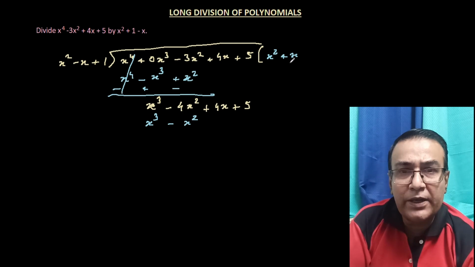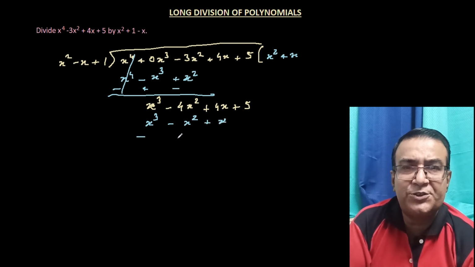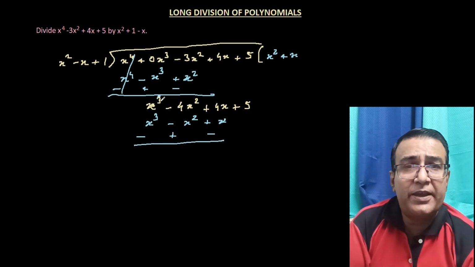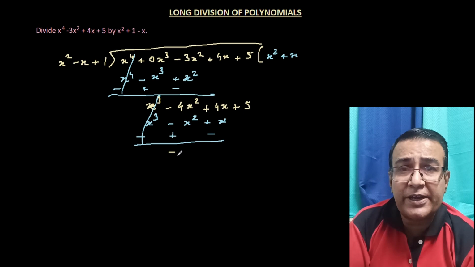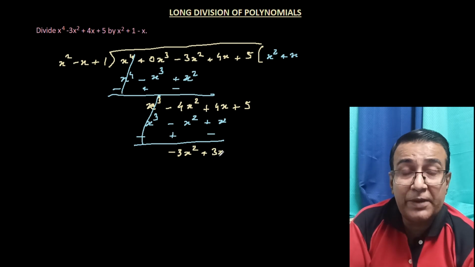And x times 1 gives us x. Write that below the x term. Subtract this, so the signs change. This becomes negative, this becomes positive, this becomes negative. The x cubes can now get cancelled out. Minus 4x square plus x square gives us minus 3x square. Plus 4x minus x gives us plus 3x. And the plus 5 can come down as it is.